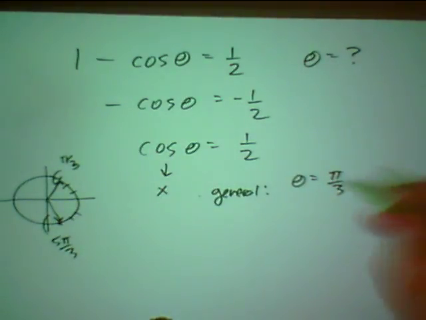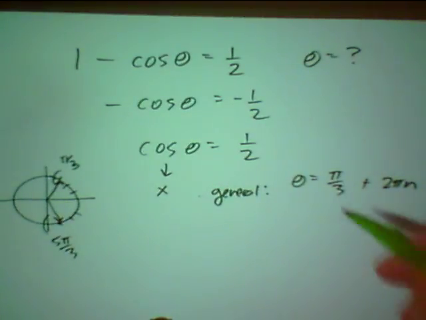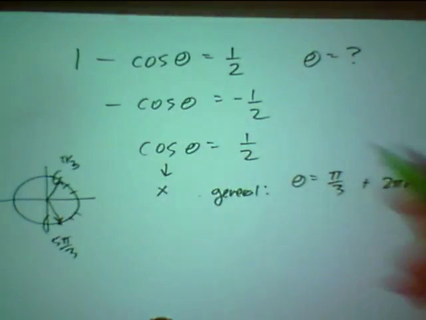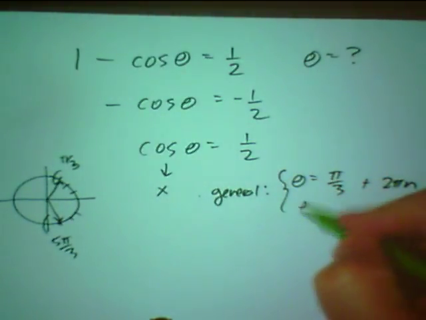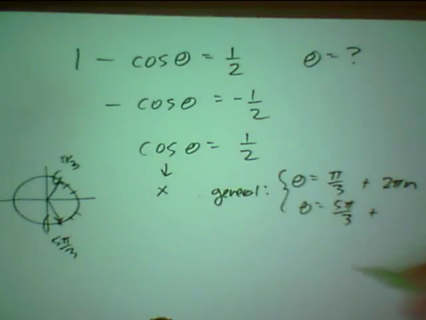So I simply say pi over 3 plus 2 pi n. And for the second angle, the 5 pi over 3, it's the same idea. 5 pi over 3 is a solution, but if I make many trips around the unit circle, the way I express that is plus 2 pi n. So that's the general form of the solution.